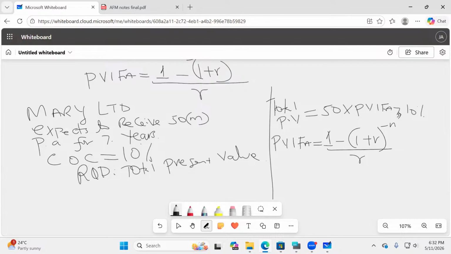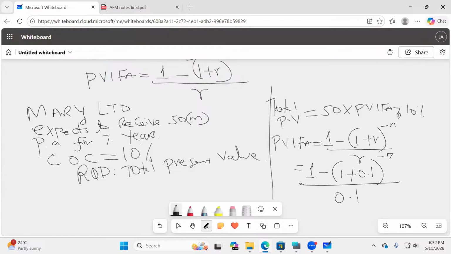My PVFA here will be 1 plus R, where R is the rate of return, the cost of capital, the COC, which is 10%. So plus 0.1 there, raised to negative n, which is 7. Then everything to be divided by R, which again is 0.1.